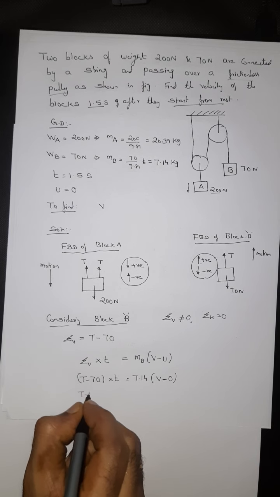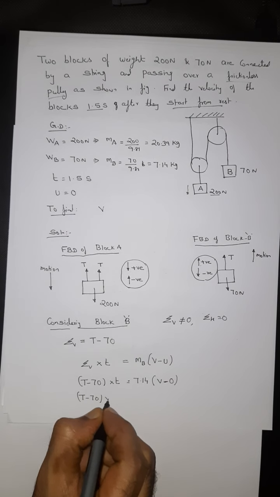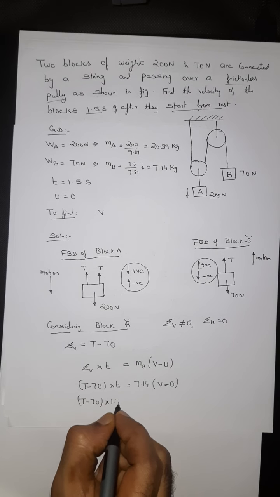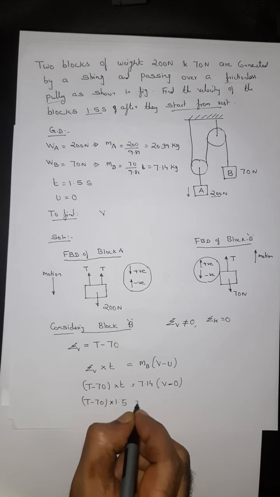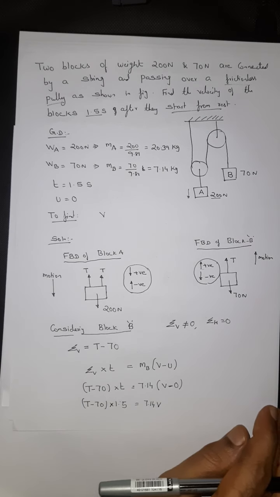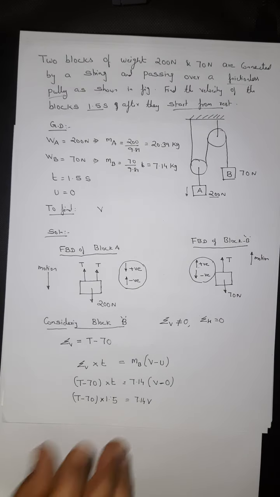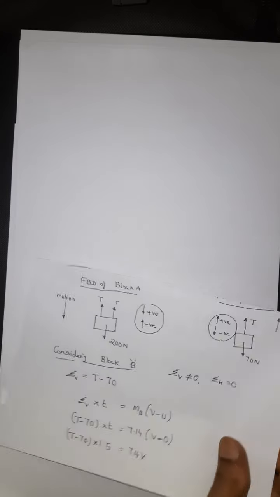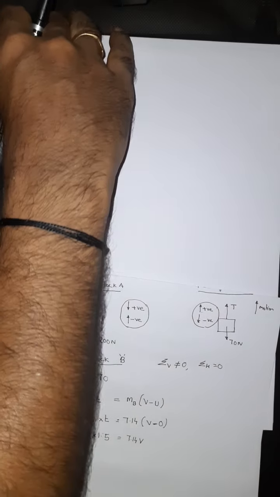So (T minus 70), the value of t is 1.5 seconds, equal to 7.14 V. So this can be rewritten by multiplying with 1.5.